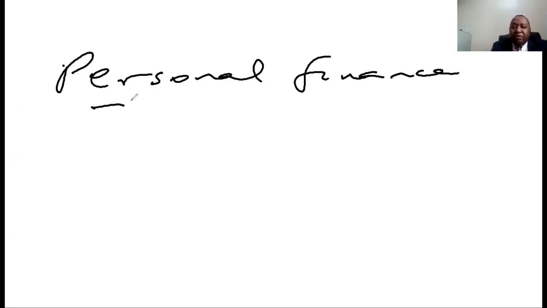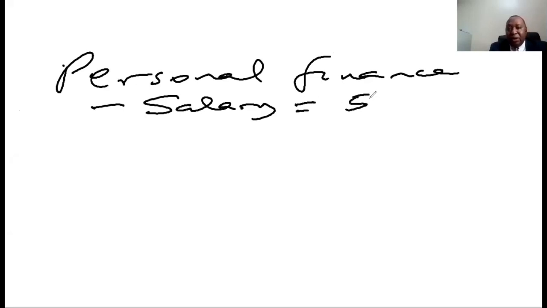Let's say for an individual working, mostly it will be salary. So you get some salary, and let us say, for example, that you are earning a salary of 50,000 shillings per month. So we must then ask ourselves, how do I allocate this among my uses? And you're going to see the needs, the uses for this fund.